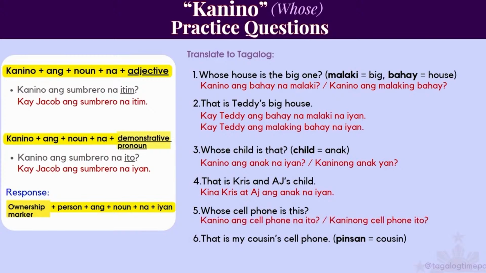Kanino ang cellphone na ito? So that's following sentence structure number 2. Kanino ang, the noun is cell phone, na, ito is the demonstrative pronoun. And just quickly speaking, someone might say, kaninong cell phone ito?